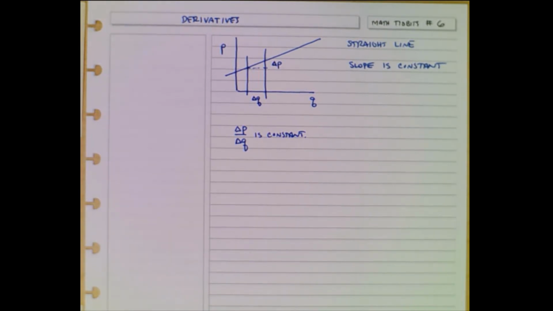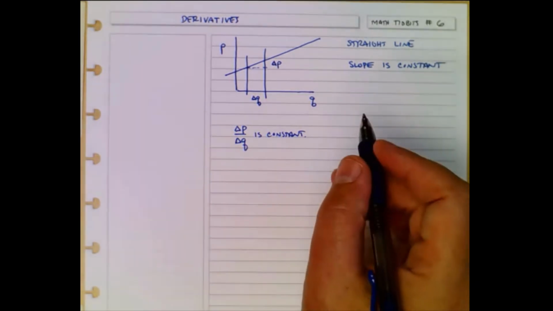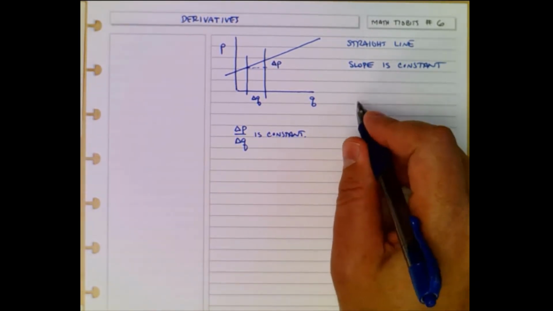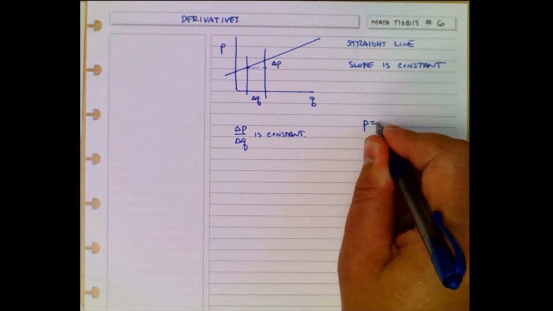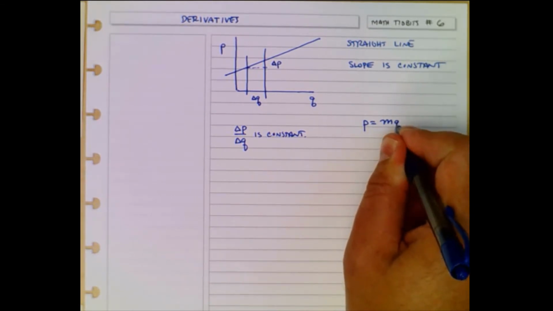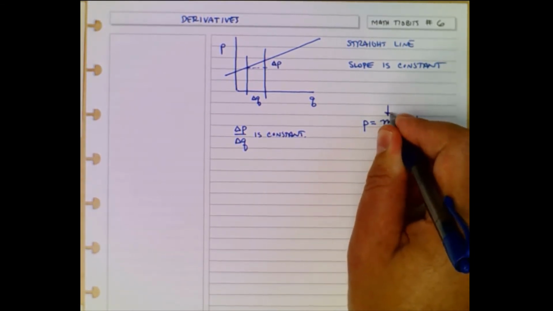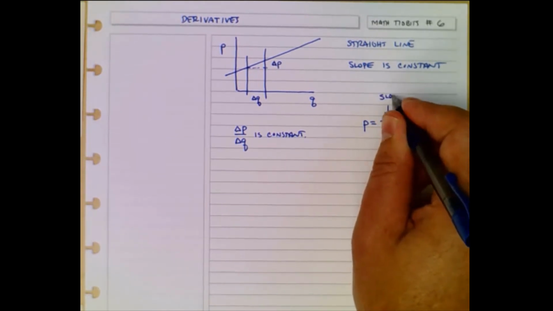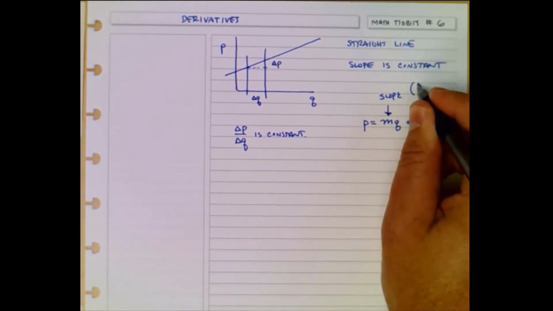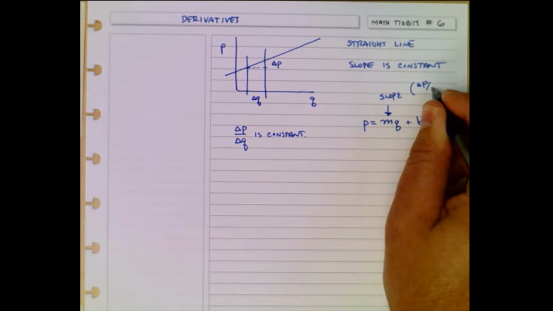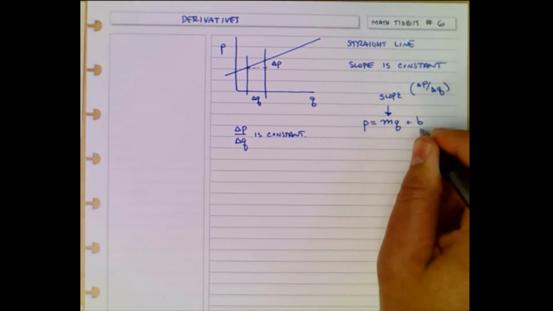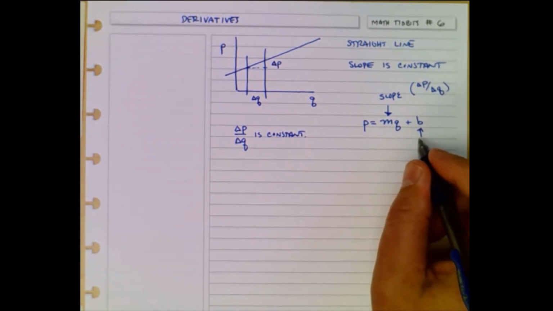The equation that one writes for such a case as this is something like p equals m times q plus b, where this is the slope. That is, this is delta p by delta q. And this is the intercept on the p-axis.